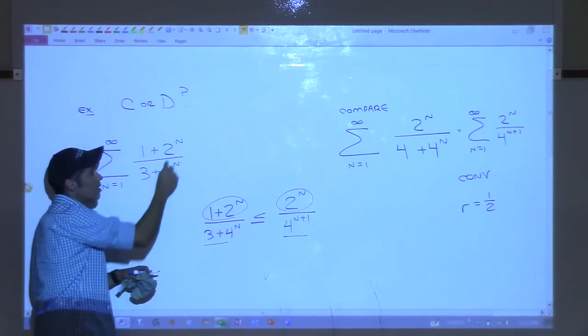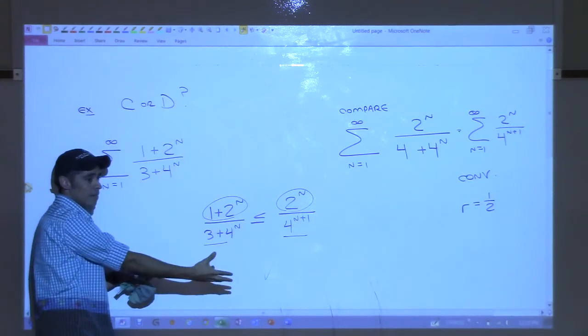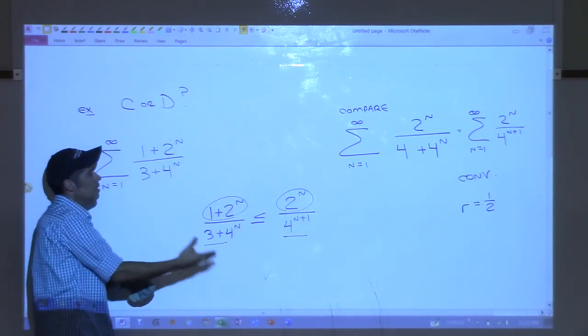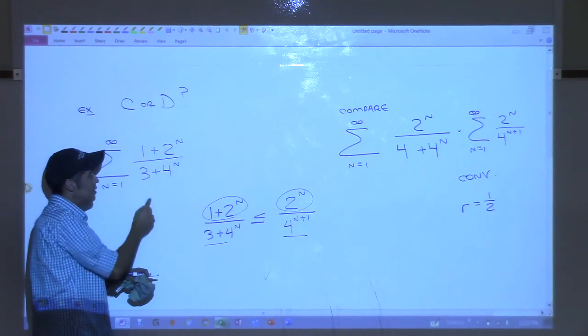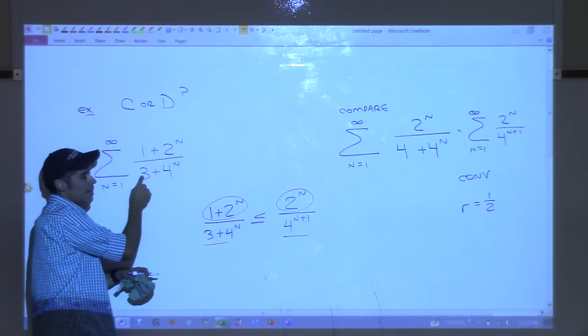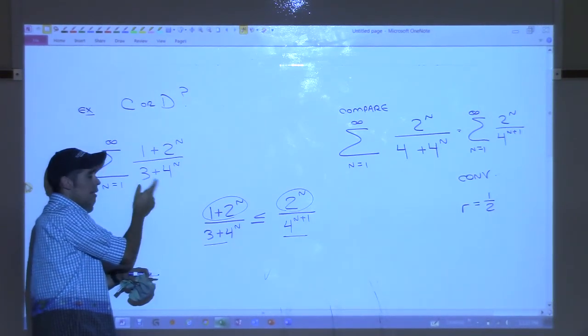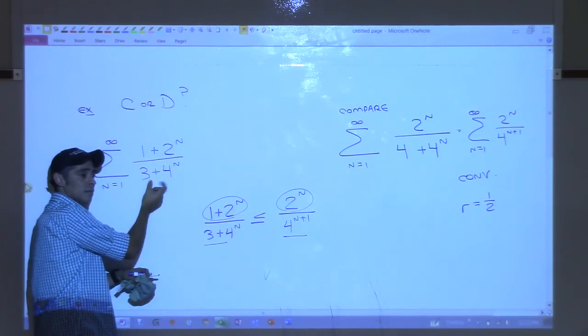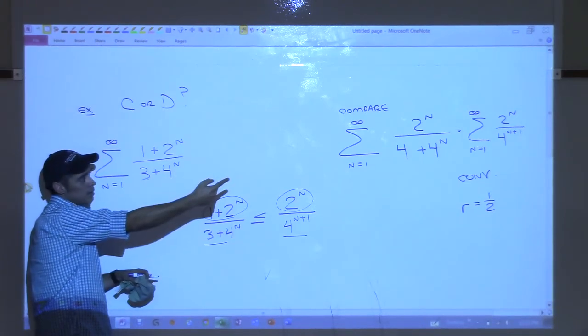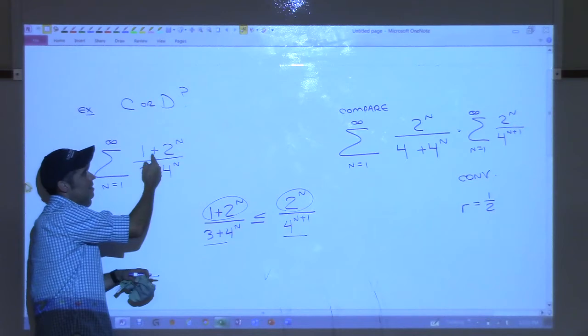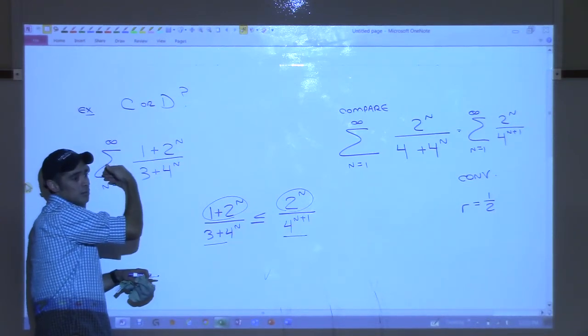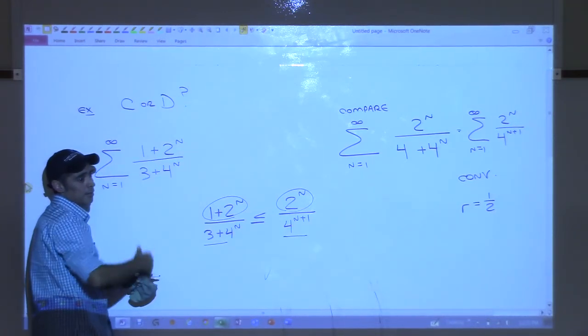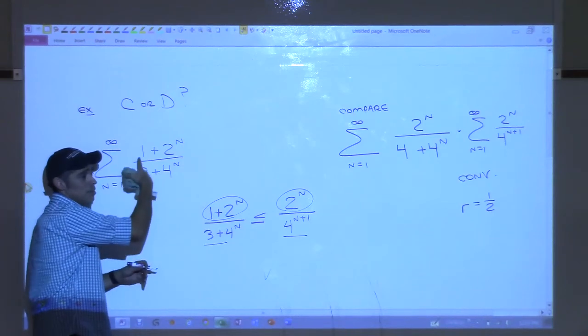So we already tried 2 to the n over 4 to the n, and we got something at the end that didn't work. So I said, okay, let's try something else. Instead of treating this like a 3, let's treat it like a 4, and that way I can put these together and make it 4 to the n plus 1. And then on the top, I just said take the 1 out, but maybe make that a 2 and make that a 4.